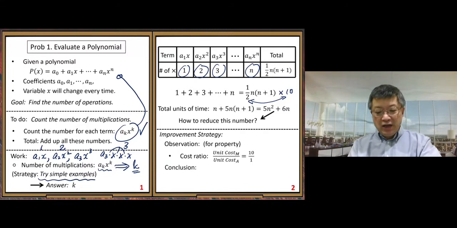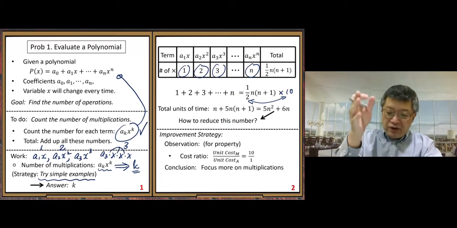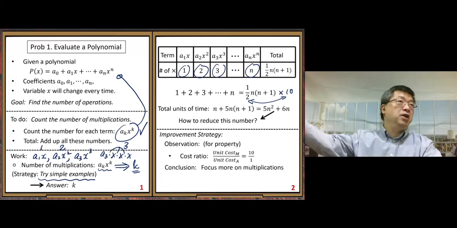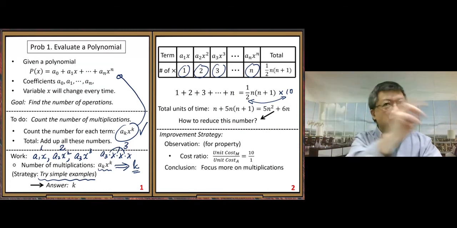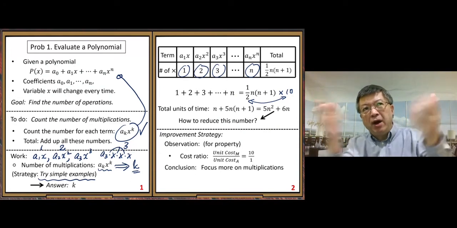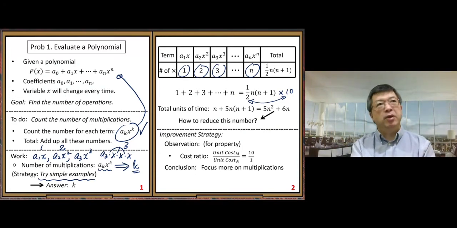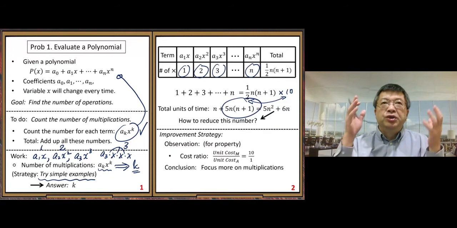All right. With this observation, we can get a natural conclusion. Focus more on multiplications. When you try to pay some effort, we want to focus on the multiplication part because we will get much better payoff. Okay? We will get much better result.